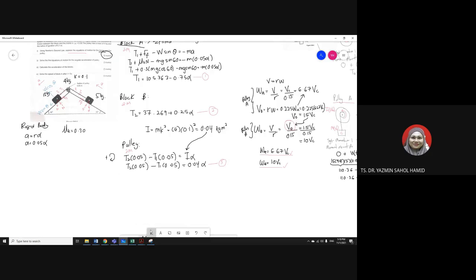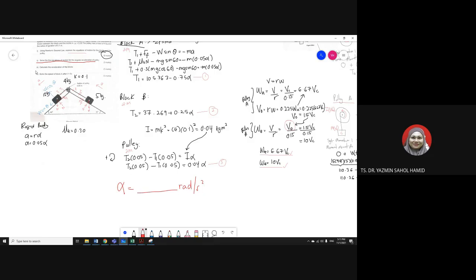And what would you get? You will get alpha, the alpha value in radian per second squared. Then you can answer question number 2, find the angular acceleration. Just solve these equations simultaneously and you can get the answer for alpha.